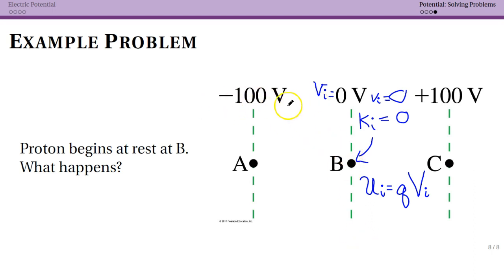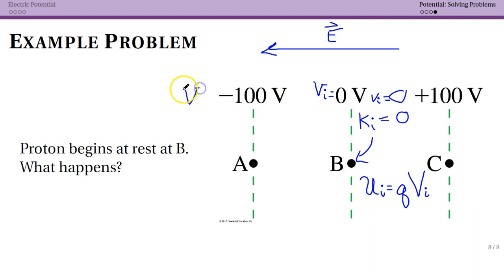Note that we have a negative potential here and a positive potential here. Again, we will talk in a future video about how these sorts of representations relate to electric field and how you can interpret them. But what this actually corresponds to is a uniform electric field pointing to the left. So we have a uniform field to the left, which means a proton is going to experience a force to the left. And if you notice, this is more negative.